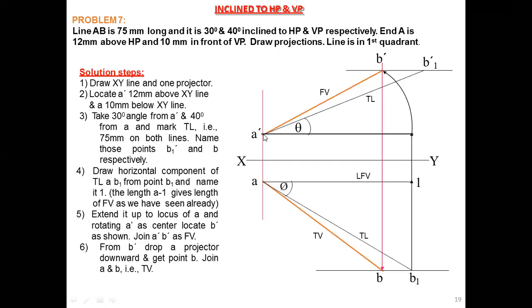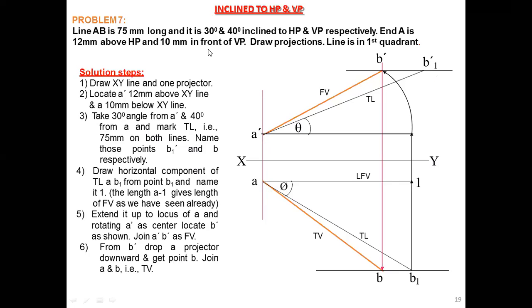Take 30 degrees with respect to HP. What is the angle of inclination? 30 degrees means theta, which has been given. So from this point A dash, draw a line at an angle of 30 degrees.